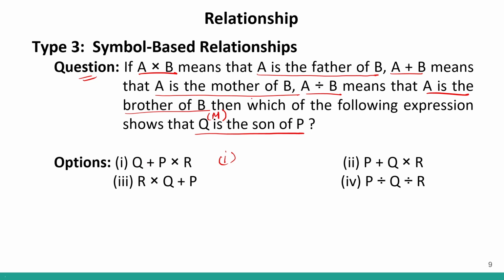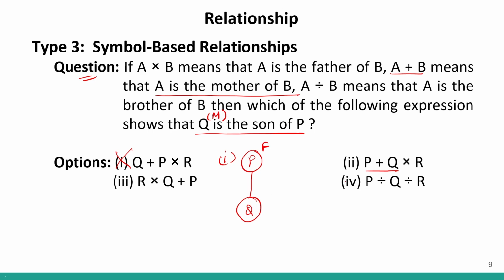So Q plus P means Q is the mother of P. If Q is the mother, she would be female. So this option is incorrect. Second one says P plus Q. That means P is the mother of Q. So P would be female and Q would be here. But can we assume gender of Q?